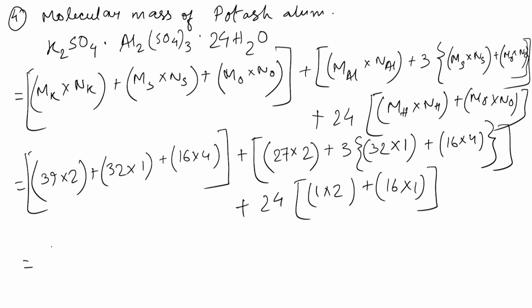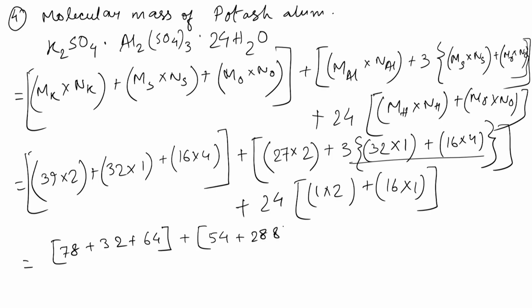So this will come as 78 plus 32 plus 64 plus 54 plus this term comes as 288 plus 24 into 18, okay.